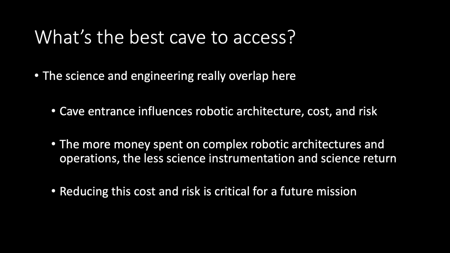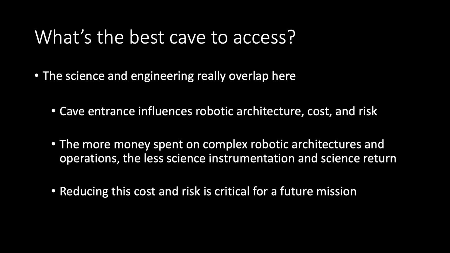So where are the best places to access? This is where it gets complicated, because to have a successful mission, you have to do great science. NASA or ESA or any other space agency is not going to give you $1 billion if you are not doing great science. But there's a constraint on your science that has to do with engineering complexity, which influences cost and risk.